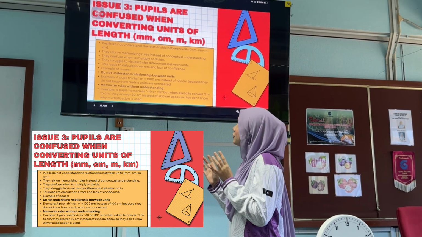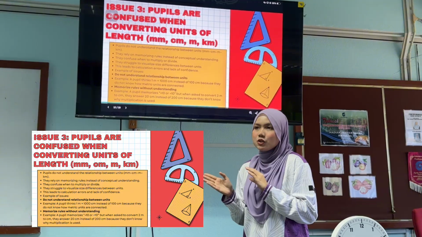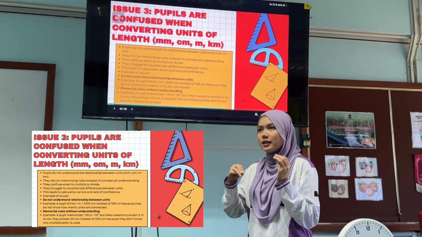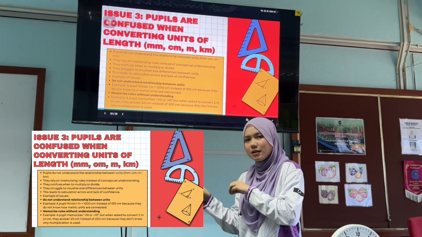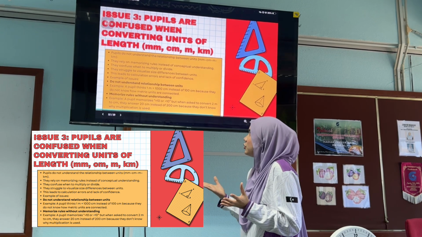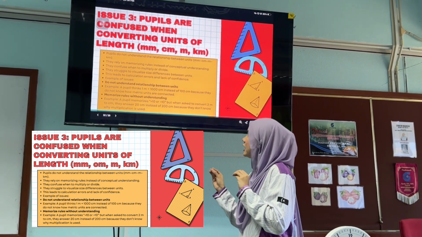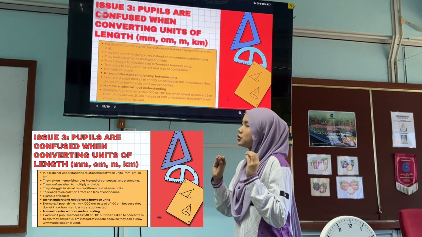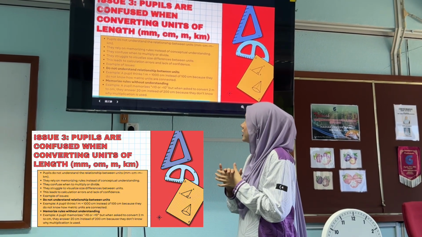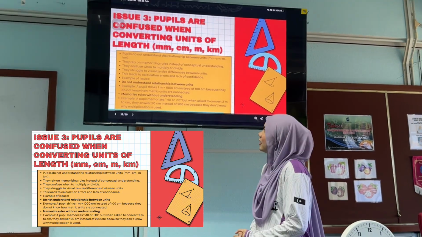And then they get confused about when to multiply or divide. So when we want to change from millimeter to centimeter, they are confused whether they need to multiply or divide. And then they struggle to visualize the difference between units. It also leads to calculation errors and lack of confidence.